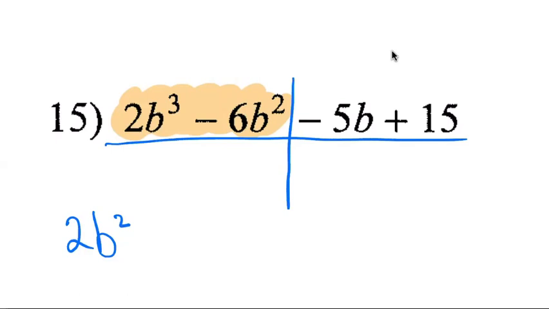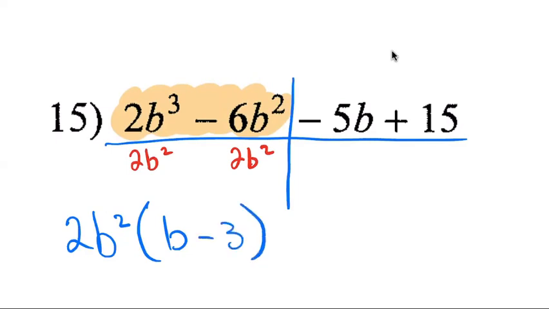And then essentially what we're doing is we're dividing each of these terms by that common factor. So 2b cubed divided by 2b squared, what color was that, blue, gives us just b. And then minus 6b squared divided by 2b squared is just minus 3, end bracket. And then we do the same thing on the other side.